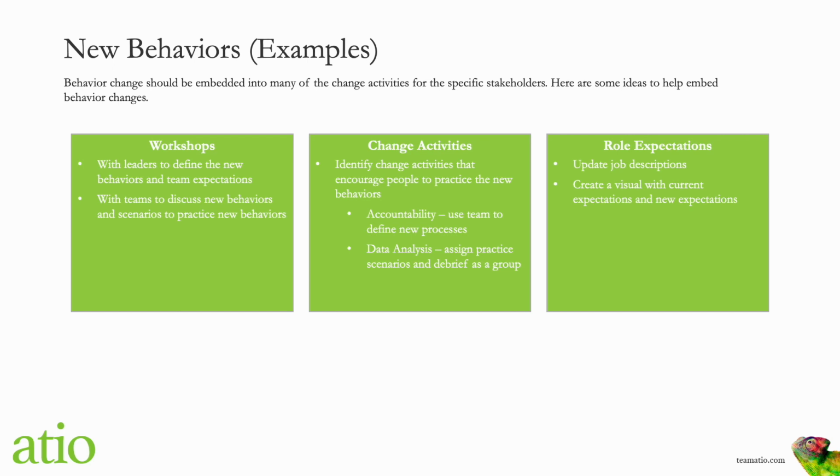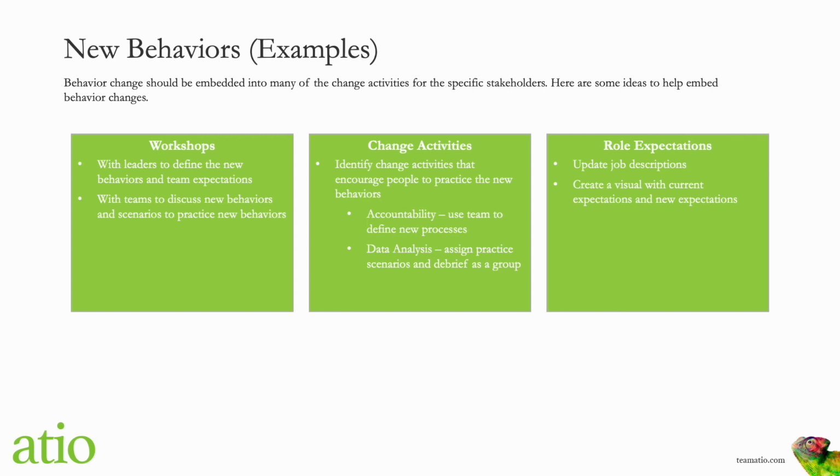We've got workshops, where we typically have a workshop with the leaders to define the behaviors and the team expectations, and then a separate workshop with the people that need to change their behavior so that they can discuss those behaviors and practice different scenarios to learn those behaviors.